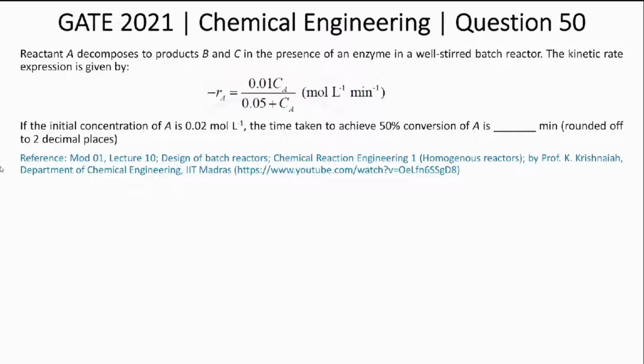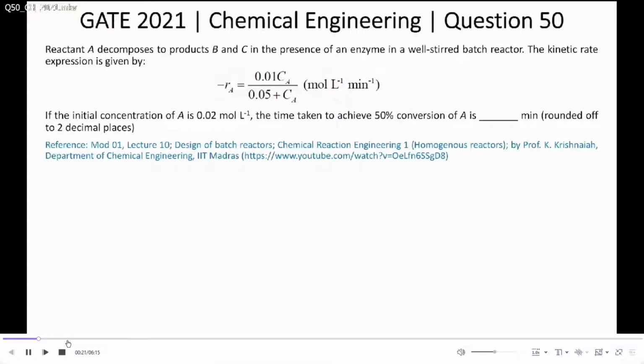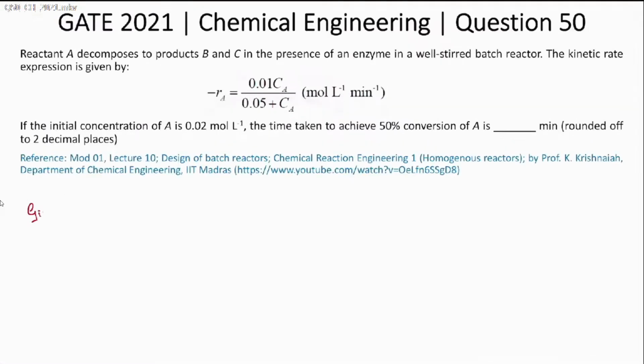Right. So basically, this is just a direct question with regards to your batch reactor. I hope you guys remember the equation for our batch reactor. In this question, what you have to do is just take the design equation of the batch reactor. You have been given a few data here.